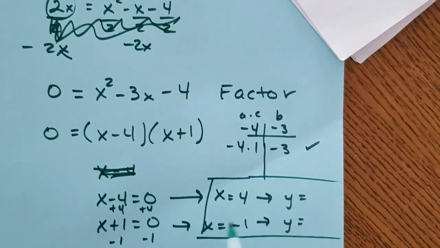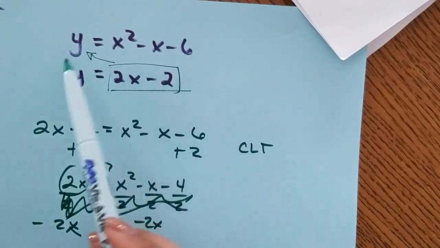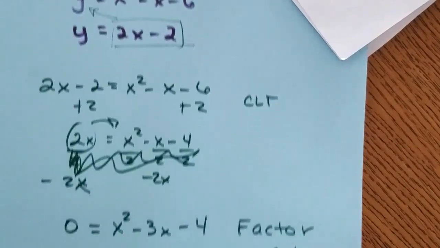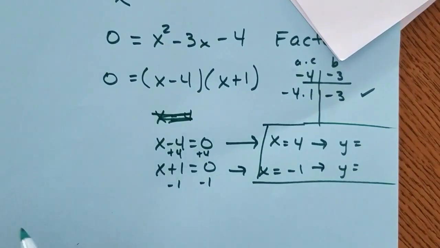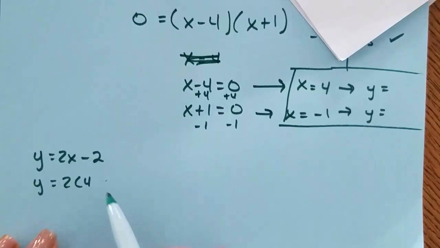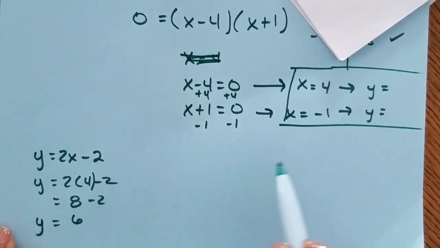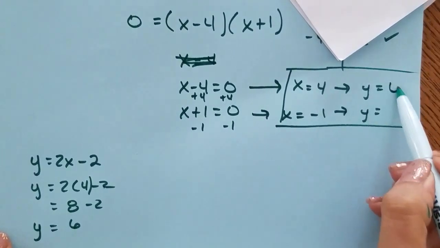In order to do that, we're going to plug these into one of the original equations. I'm going to use this one because it's easier. So we have y is equal to 2x minus 2. y is equal to 2 times 4 minus 2. 8 minus 2 is equal to 6. Okay, so when x is 4, y is equal to 6.